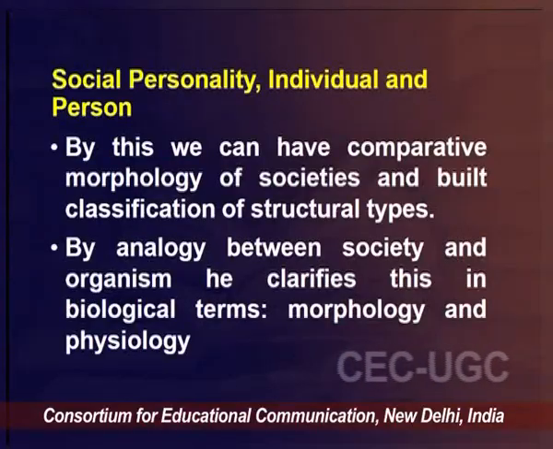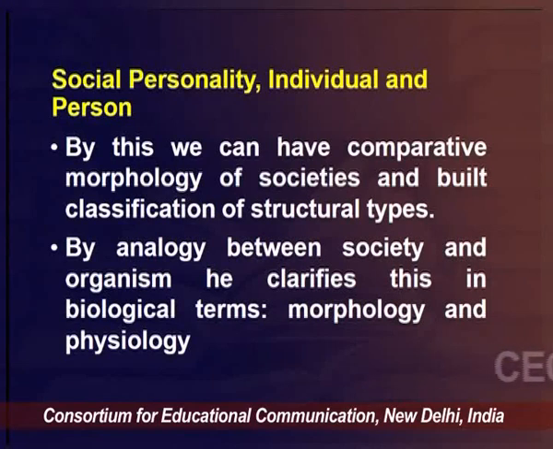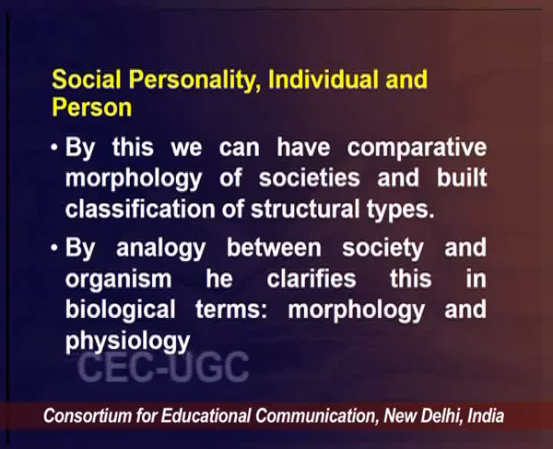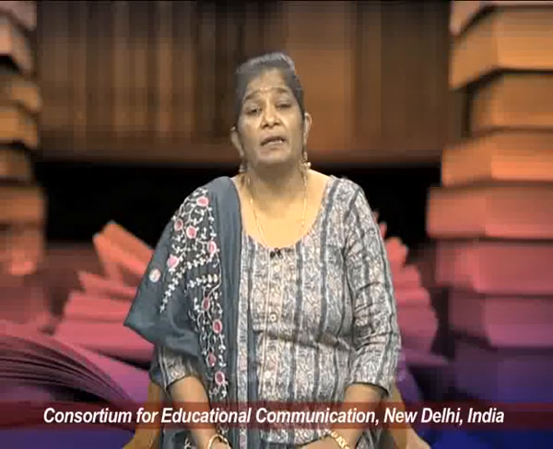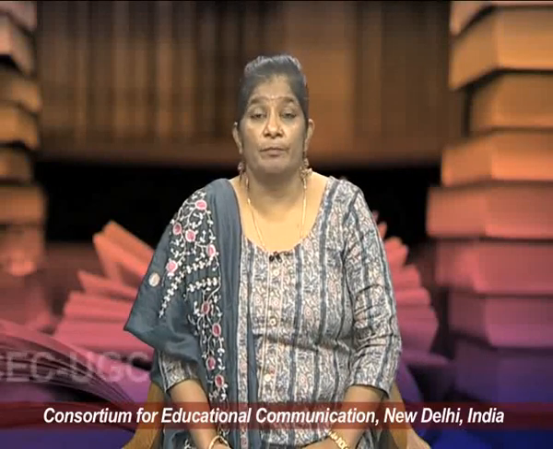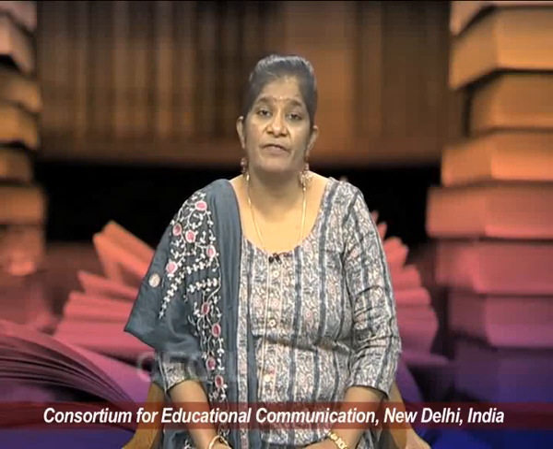We can have a comparative morphology of society and build a classification of structural types. By analogy between society and organism, Radcliffe Brown clarifies this in biological terms, that is, morphology and physiology.